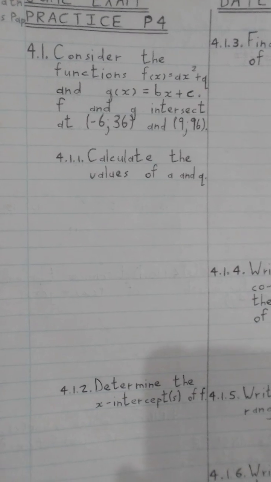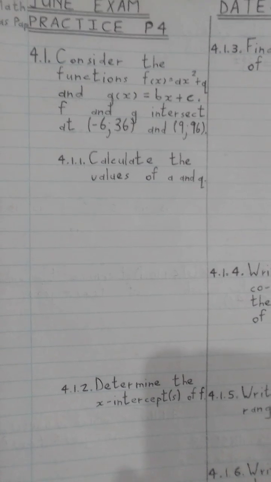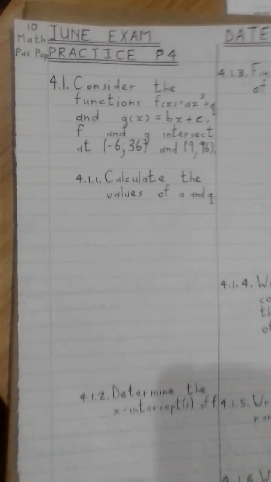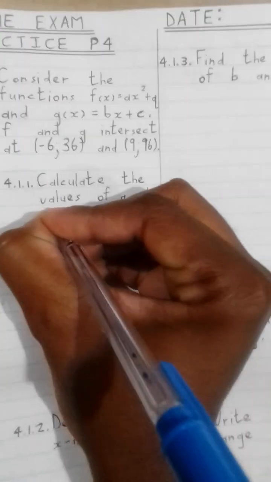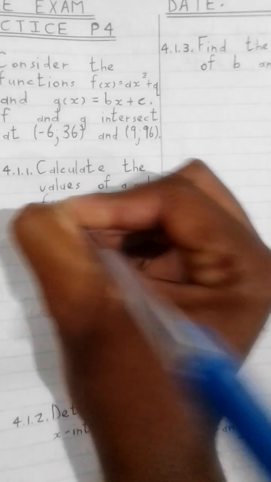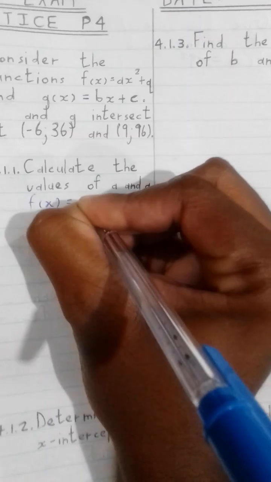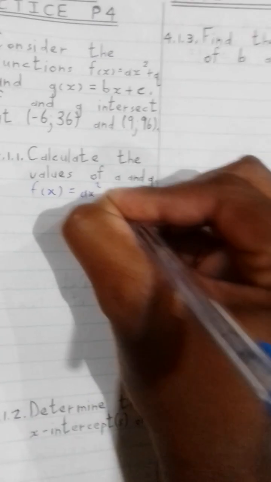4.1.1 states, calculate the values of a and q, so the parabola. f of x is equal to ax squared plus q.